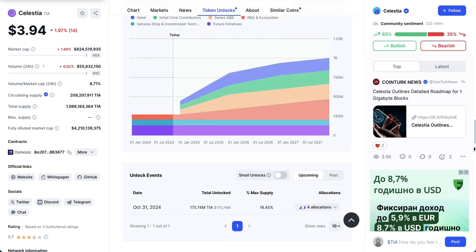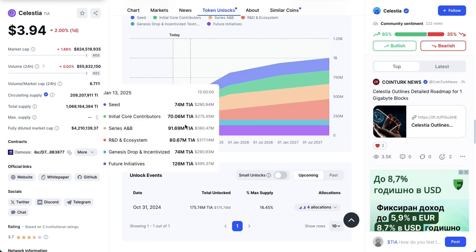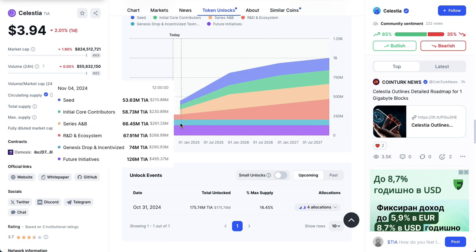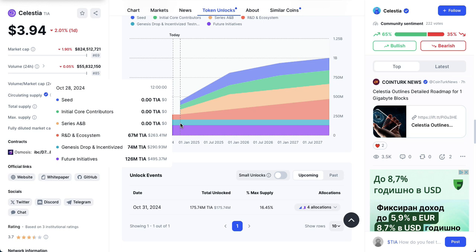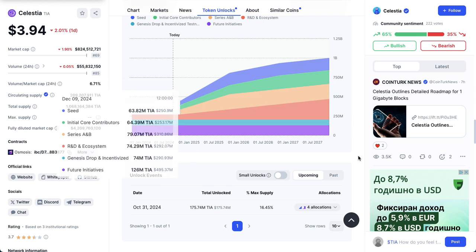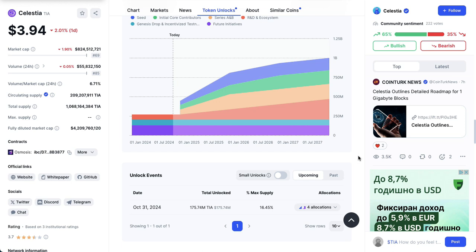Looking at the tokenomics, I have to tell you guys, it doesn't look very bullish, because the total supply of Celestia is almost 1 billion 100 million, and the circulating supply of that chain is only 20%.